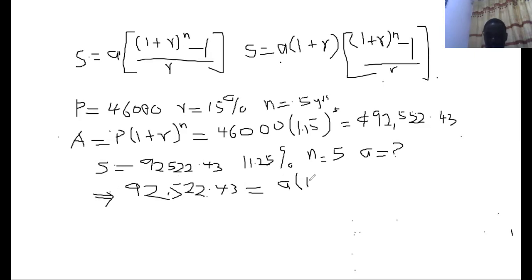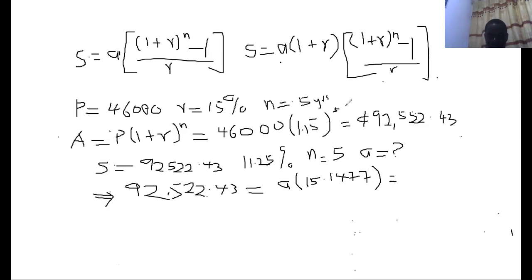So this will be the annuity factor, which you can also read from the annuity tables. So that A will be 92,522.43 divided by that, which will be 6108.